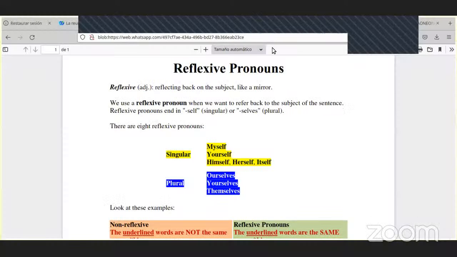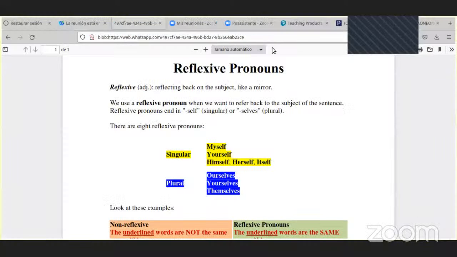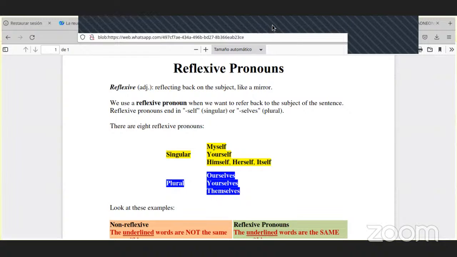Let's see what reflexive pronouns are about. Give me a second.